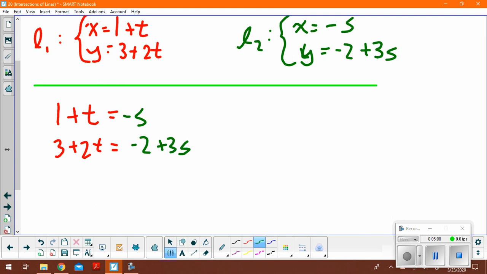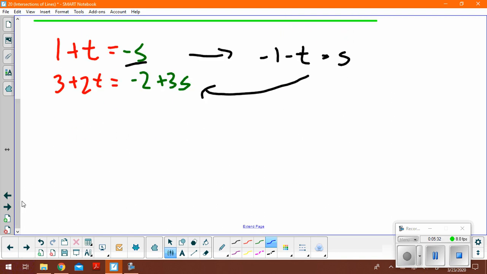I'm going to choose substitution here because in my first equation, one side is just negative s, and it's really easy to solve for s. If I multiply the whole thing by -1, I'd have -1 minus t is equal to s. And now I can substitute that into the second equation. So that's going to go in for s.